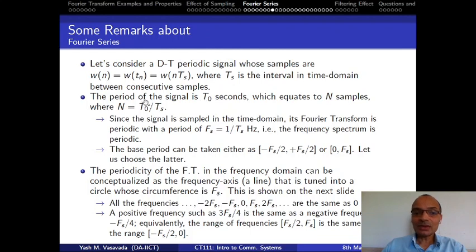So t naught is n times Ts. So now we are considering a discrete time signal whose samples are available to us, and we are assuming that this signal is periodic in the time domain with a period of t naught seconds, and therefore we have capital N samples total of this signal, where n is t naught divided by Ts. We will assume that our Ts has been carefully chosen so that when you divide t naught by Ts we get an integer n.